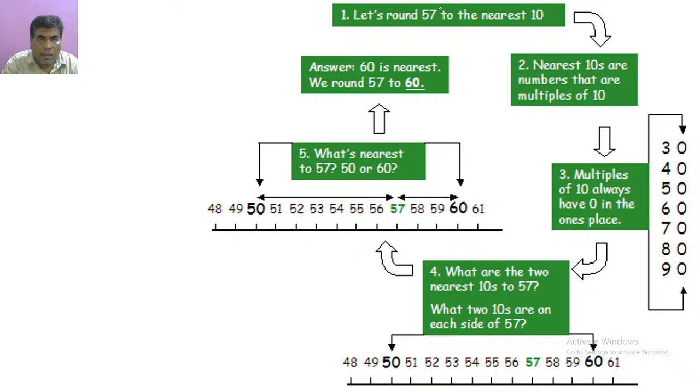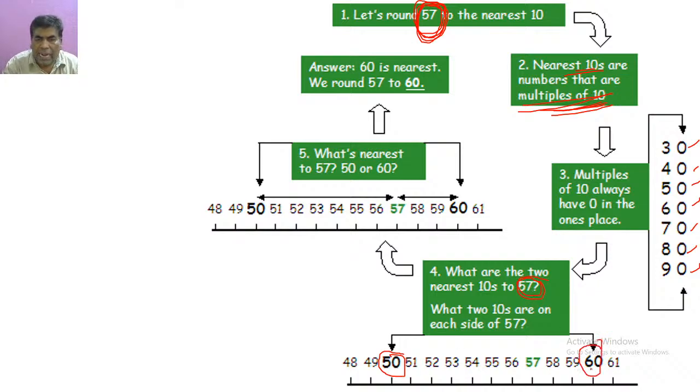Come on, guess the answer. What is the nearest 10 to 57? Nearest 10 means we have to write multiples of 10, like 30, 40, 50, 60, 70, 80, 90. Where is 57?